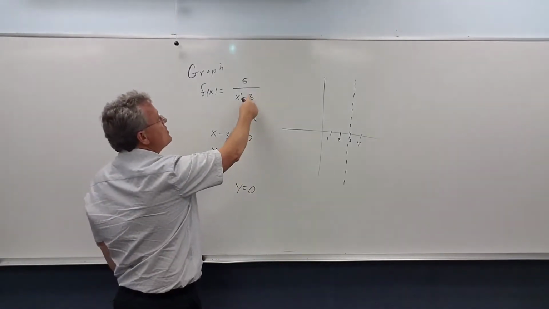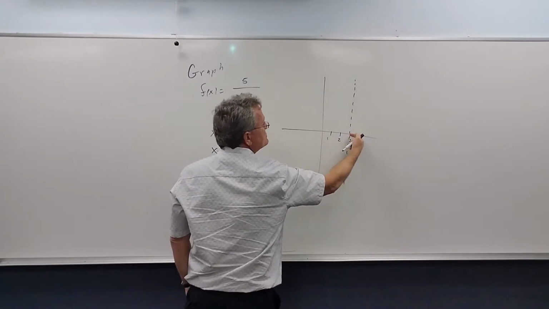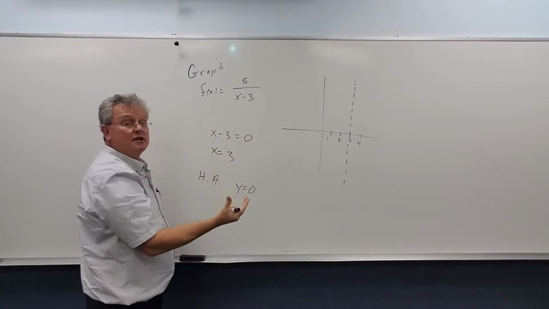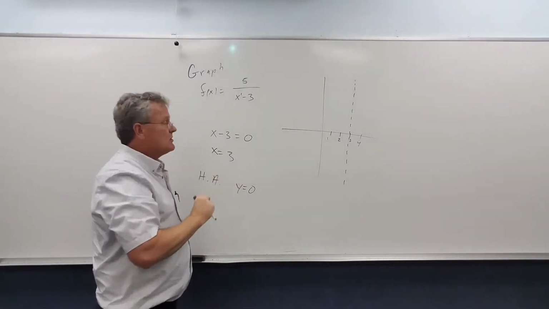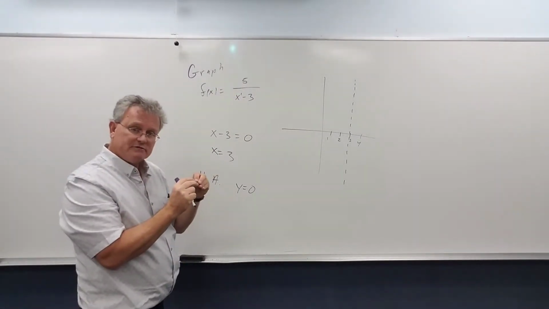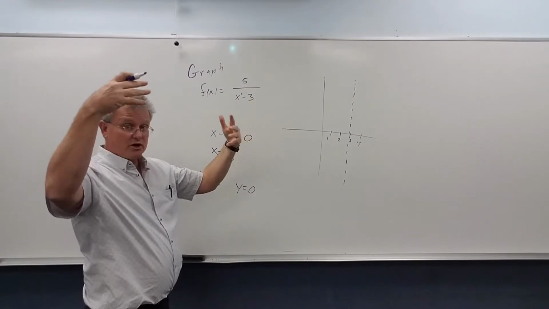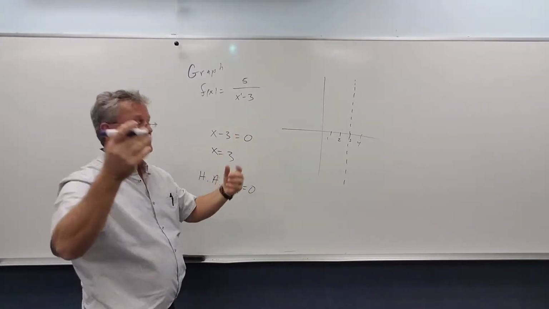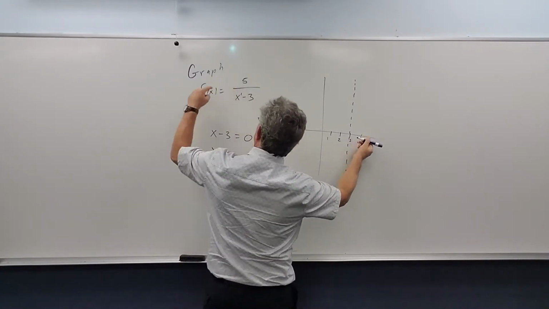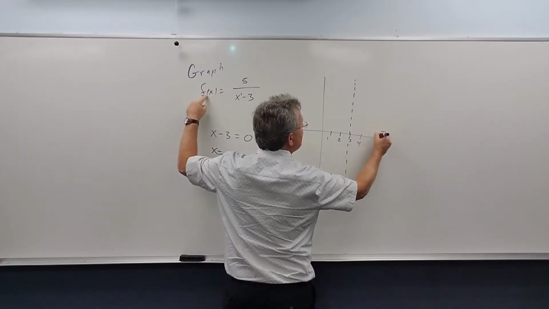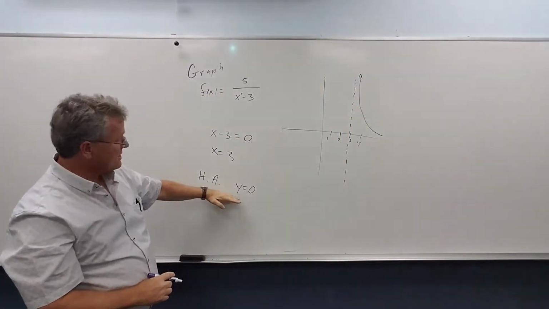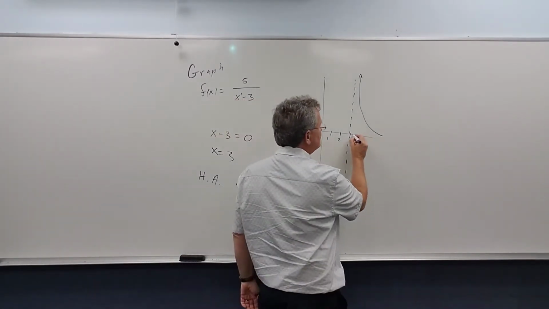So because these numbers are always bigger than 3, when we subtract 3, we're always going to get a positive number that's getting close to 0. 5 divided by a really small positive number is a really big positive number, in other words, positive infinity. So as we approach from the right, our y value goes to positive infinity, up that way. As we already said, our horizontal asymptote is y equals 0.